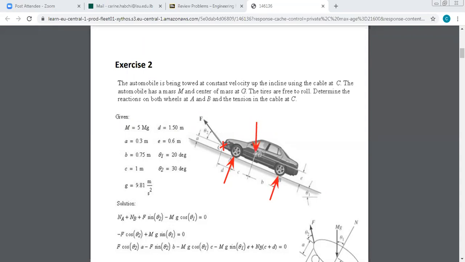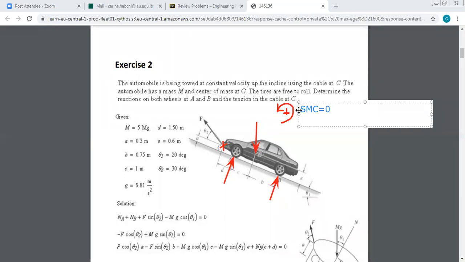Now we have first the moment. Let us consider the counterclockwise direction as positive. So I will put here that I take the counterclockwise as positive, and I will do sum of moment about C equals to 0. What do I have? First, I have the moment of RA.